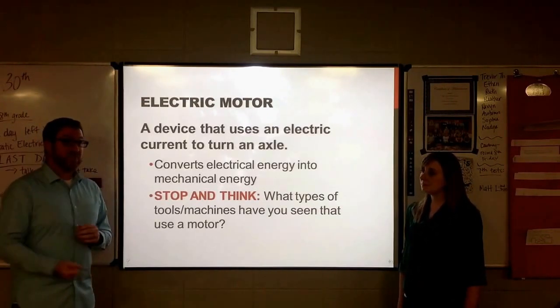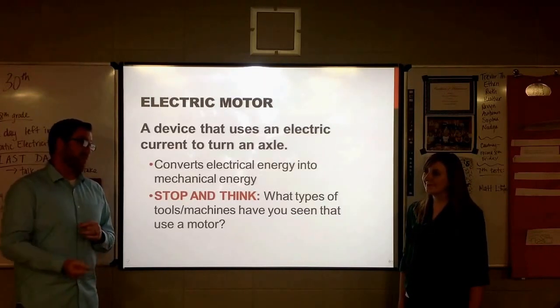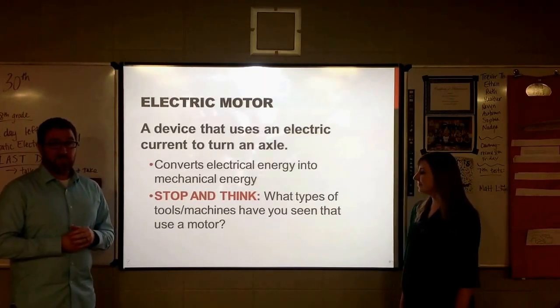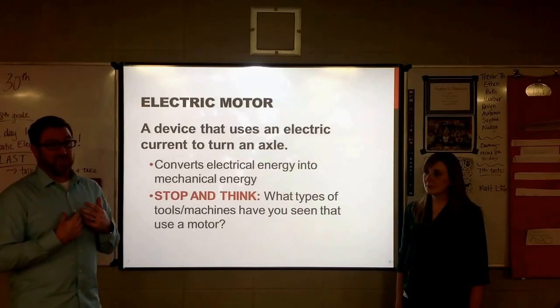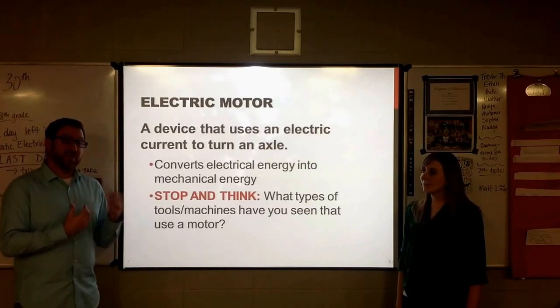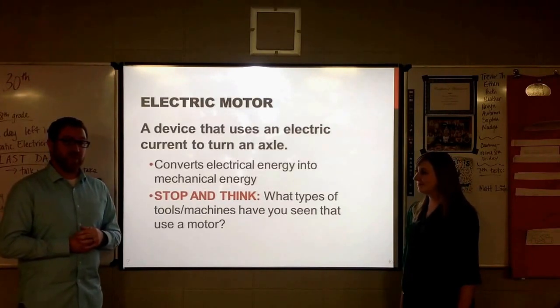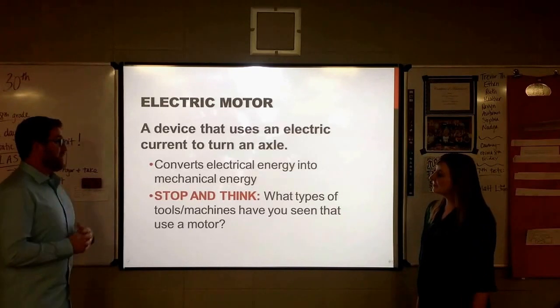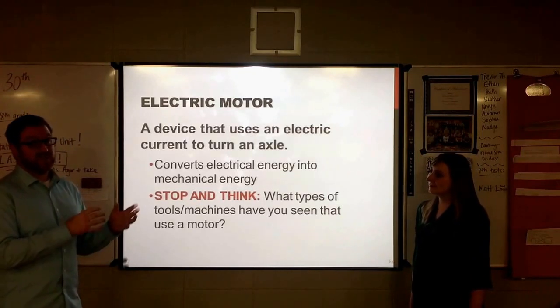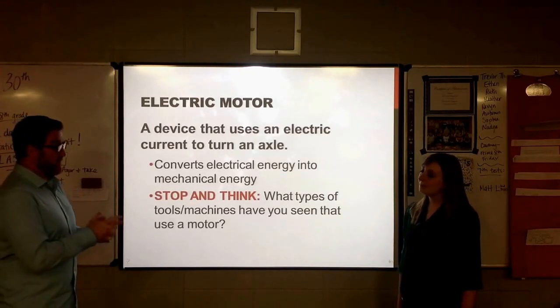Those of you that don't have the old style of roll down window. I get kind of ticked off and frustrated right now because the motor in my car window is broken, so it doesn't work as well. It really doesn't work at all, and so it can be kind of frustrating. Ultimately, though, those motors are taking the electricity and making something move.